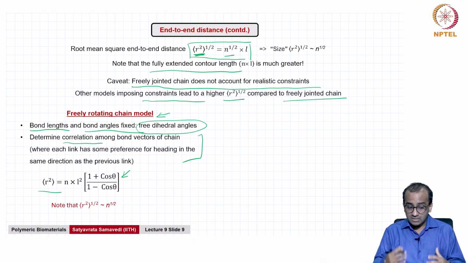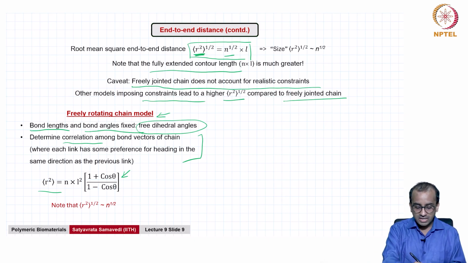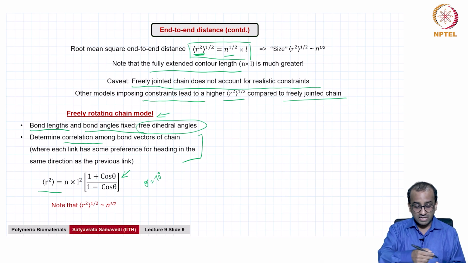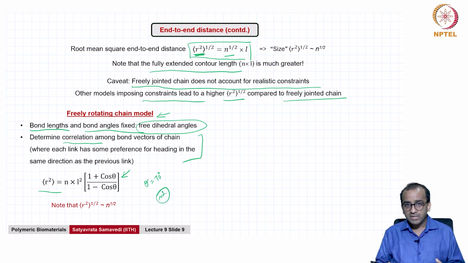And just as an example, if you try and substitute theta is equal to 70, you will see that the factor here will be about 2, and that 70 comes from how we defined theta earlier.